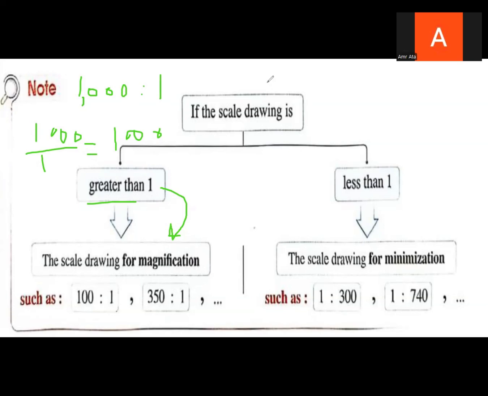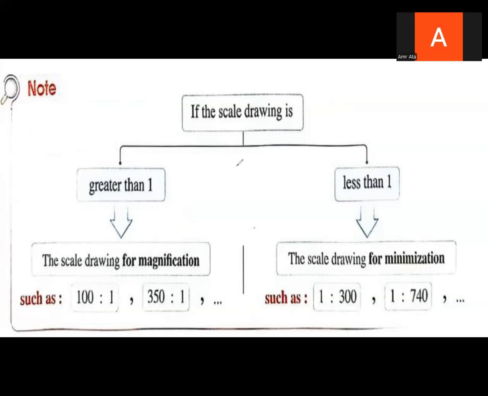But if the scale drawing is less than 1, it is for minimization, such as 1 to 740, 1 to 300, while magnification is like 104 to 1, 350 to 1, and so on, okay?